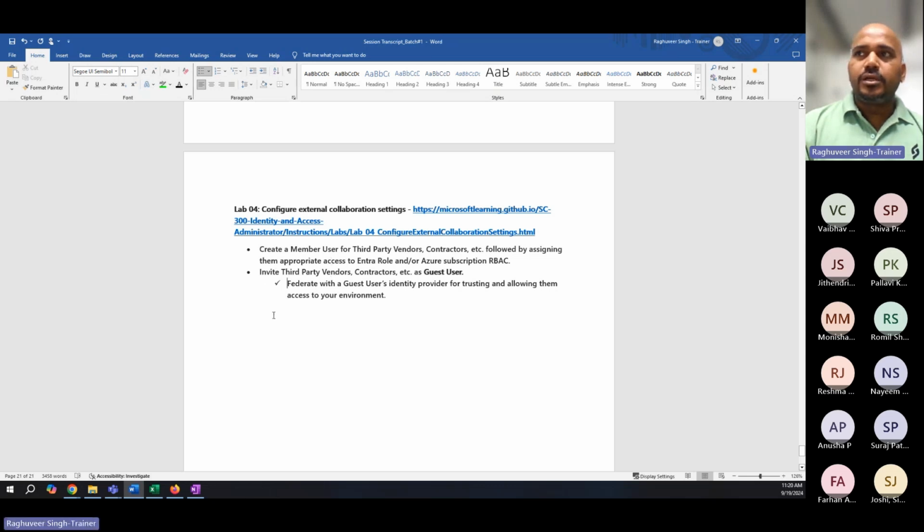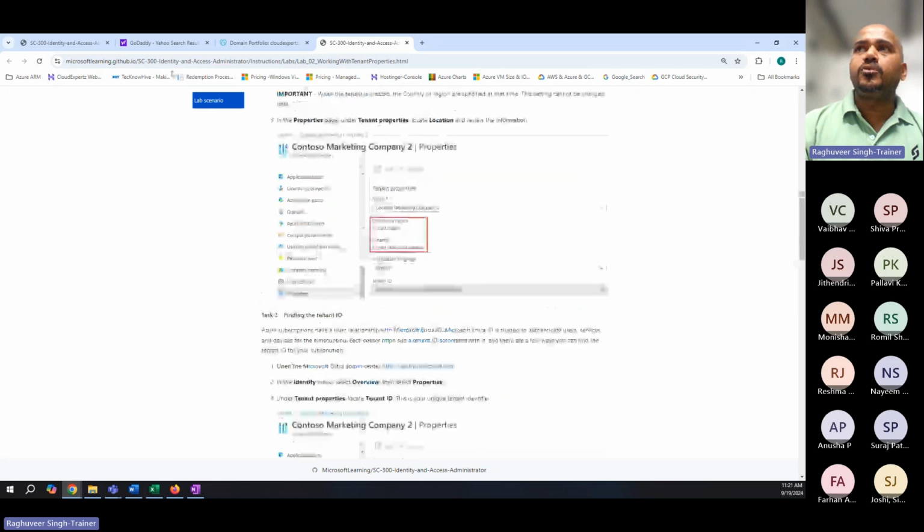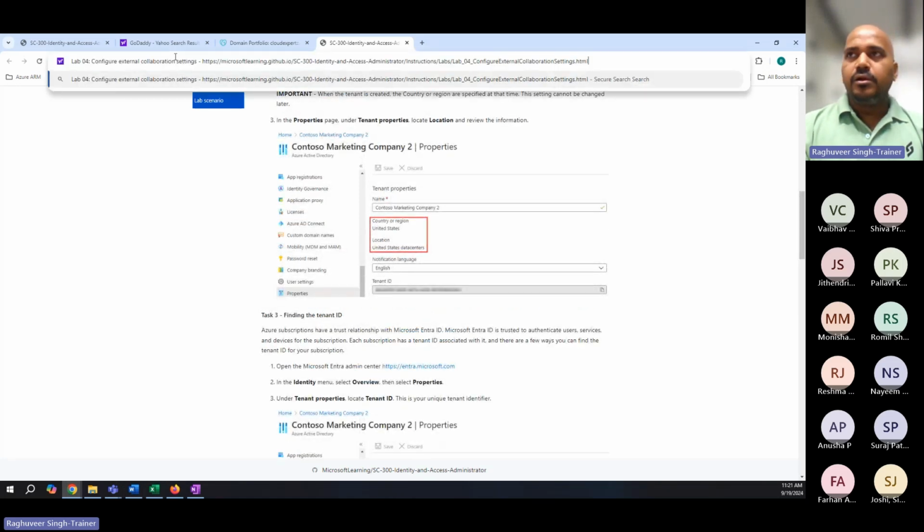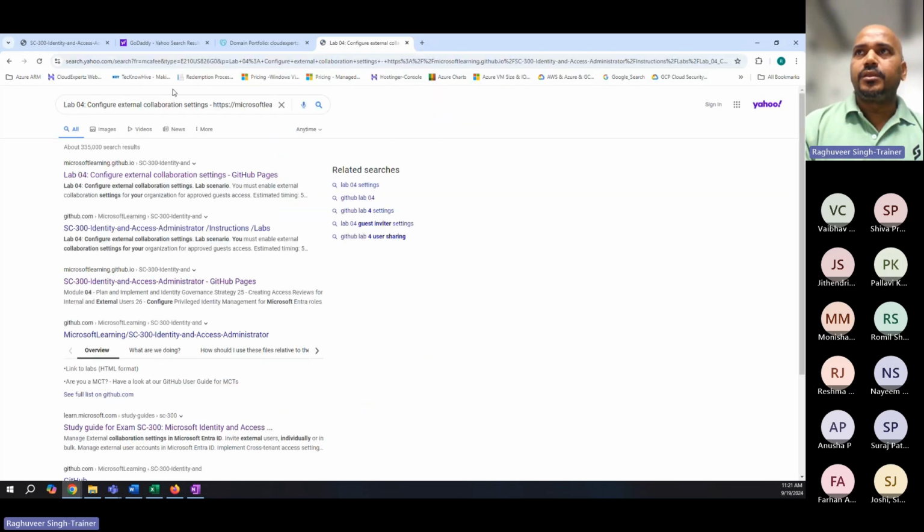So that's what the guest user concept is. That's exactly what you will configure in this lab. Now I'll share the lab with you. This lab talks about what configurations you need to do to enable that functionality. That's what this lab is all about.